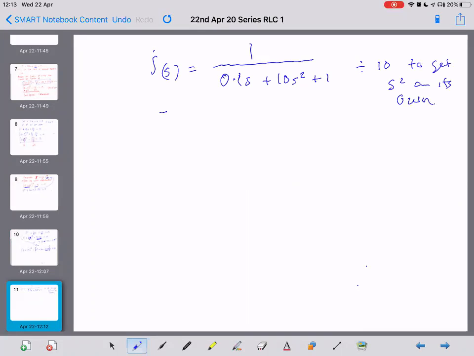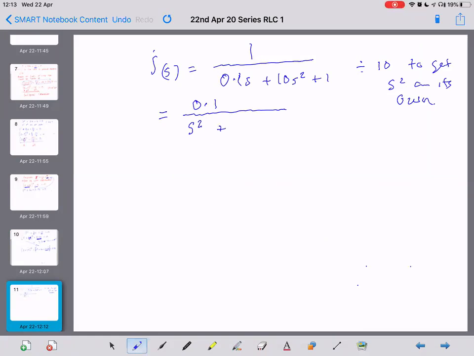So that's equal to 0.1 on the top. I'm going to do this slightly different. I'm going to put the square term first, because that'll look like what we've been doing. It doesn't matter. So 10s squared divided by 10 is s squared.